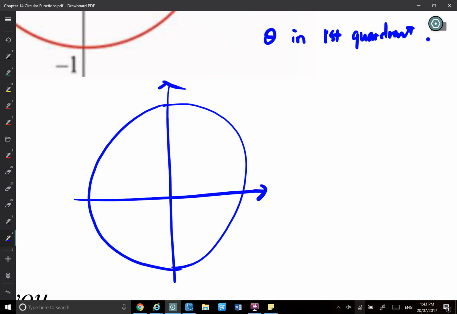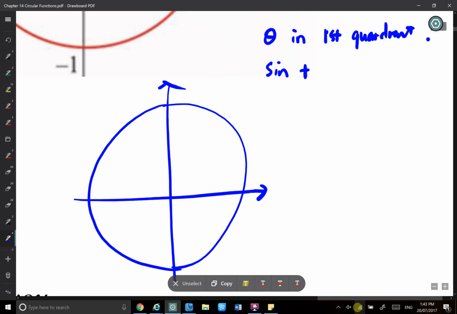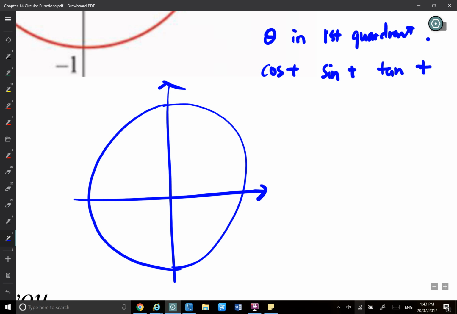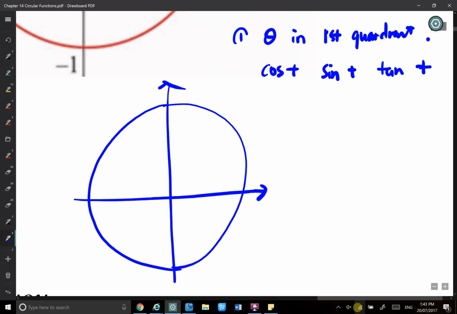Is that positive or negative? Both positive, right? Both positive means both sine and cosine will be positive. Cos will be positive, sine will be positive. Therefore, tan will be positive as well. A positive number divided by a positive number, you still have a positive number. That's case number 1.